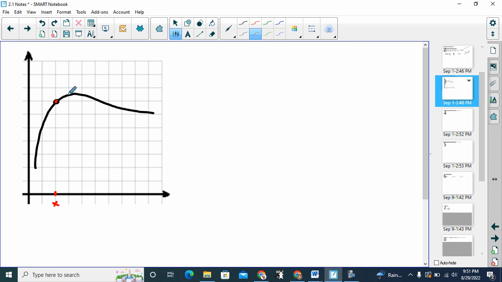So let's pick a second point. Let's choose this point right here. And we're going to find the slope between those 2 points. Notice the slope between those 2 points, while it's not the same as the slope of the curve, it's at least somewhat a little bit close. So there's my second point. The distance between these points is going to be a change in x. That's a delta x.